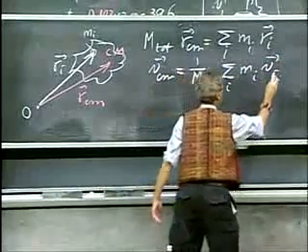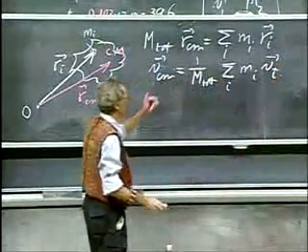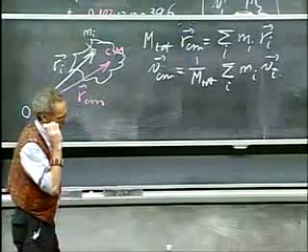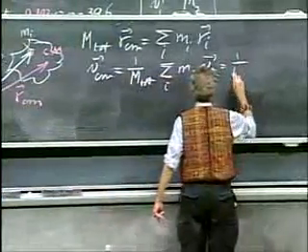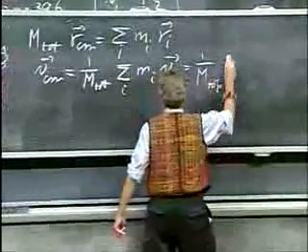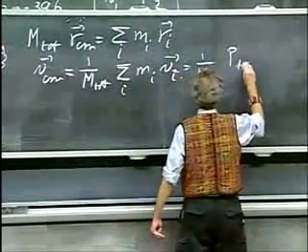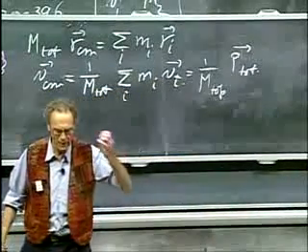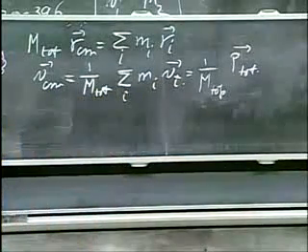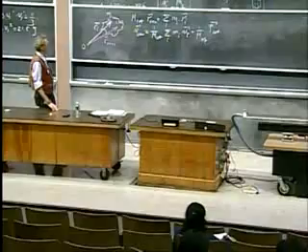Simply taking the first derivative, which changes positions into velocities. Now this is also 1 over m total times the total momentum, because I have all these momenta of these individual particles, they have together a total momentum.